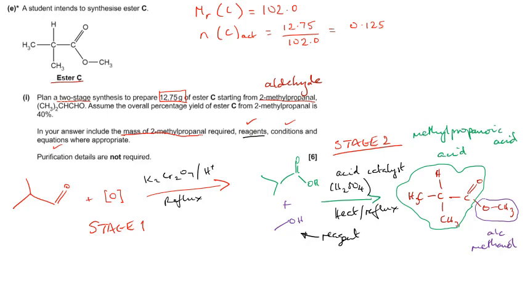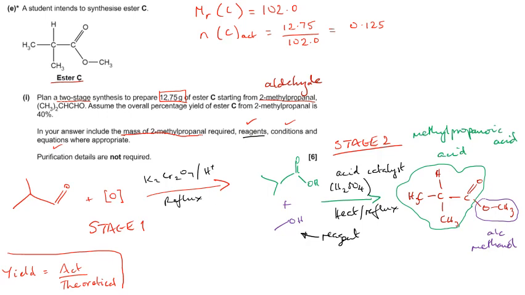But we've got yield. On a bit of scrap paper, remind yourself that yield is the actual moles or mass divided by the theoretical moles or mass, times 100. Now we can continue our calculation to work out the amount of C that we theoretically could have made.